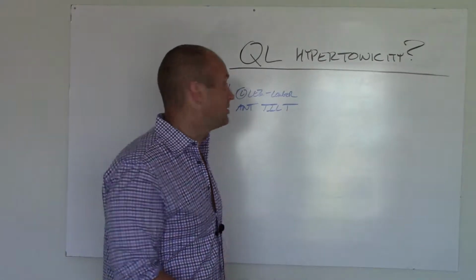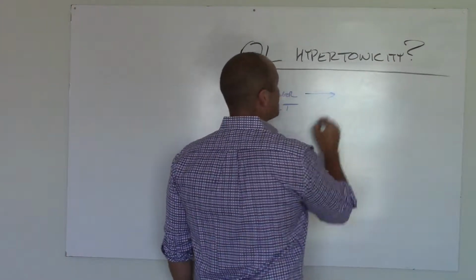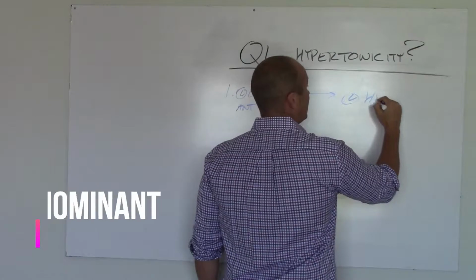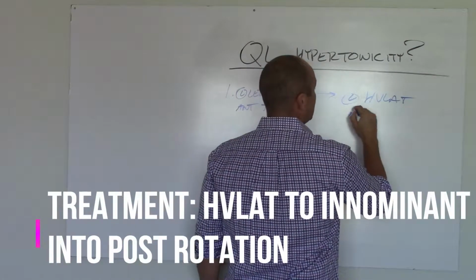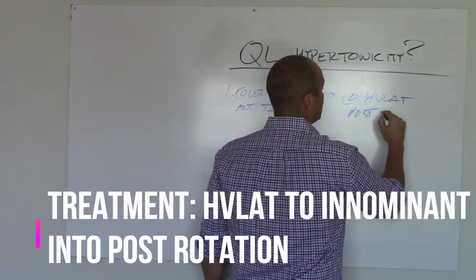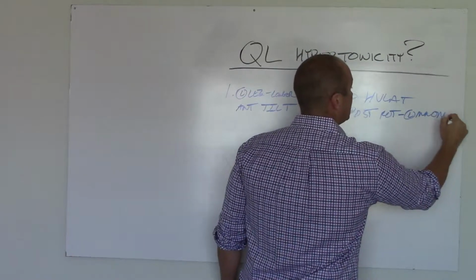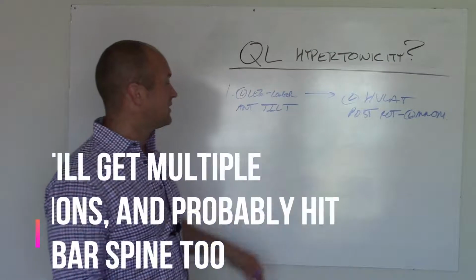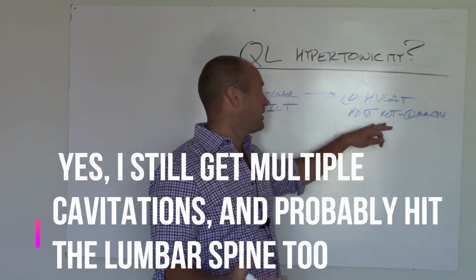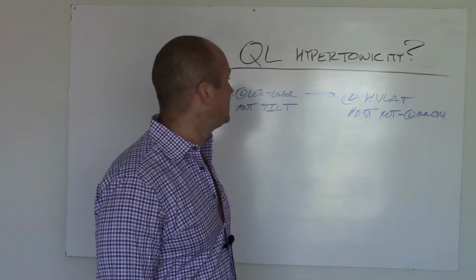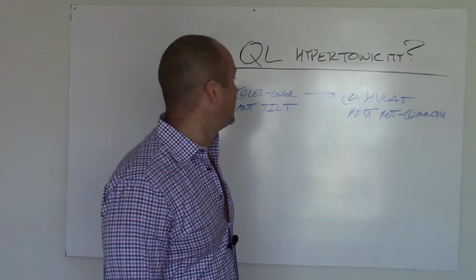Now, what do I do for that? My treatment for this is I like to do a left HVLAT to posterior rotation of that left innominate. In theory, am I cracking the spine? Am I moving the SI joint? That's a whole other topic of discussion.